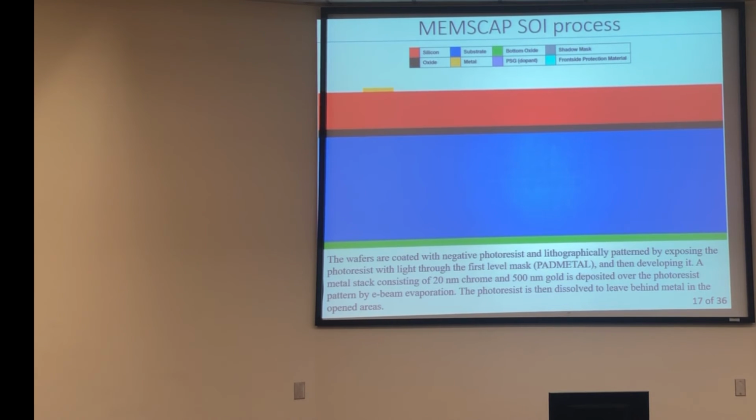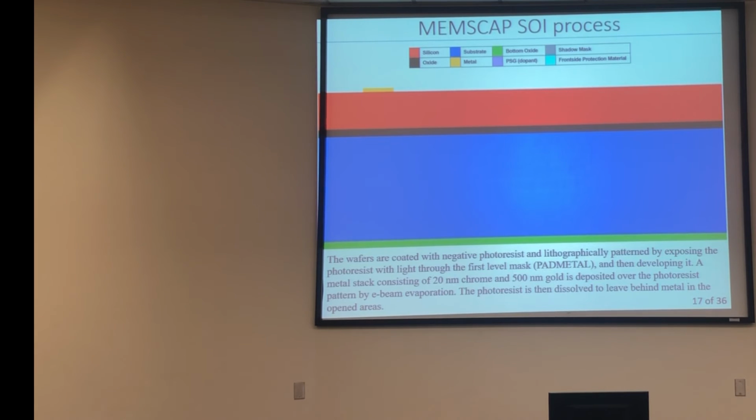The light goes through here, and it breaks these bonds in here. And then you remove your mask, and then you develop this, and what happens is that only this part washes away. Okay, that's how you're able to expose part of the surface and protect the other part of the surface.